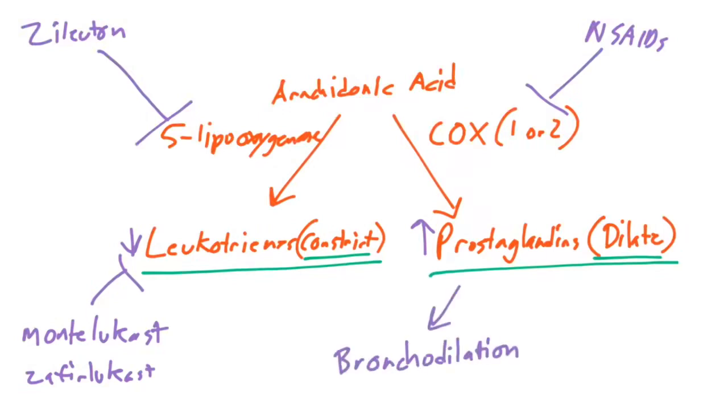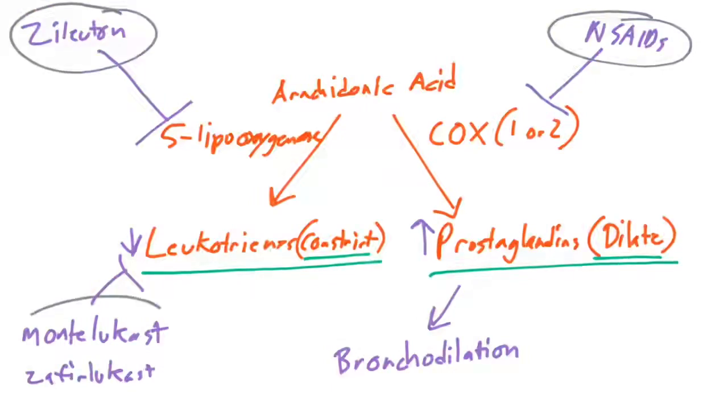So in review, you need to be careful with NSAIDs because they may actually induce asthmatic-like symptoms, and with certain patients who you want to bronchodilate to help with their symptoms of a pulmonary pathology, Zileuton and Montelukast and Zafirlukast can actually be quite beneficial.